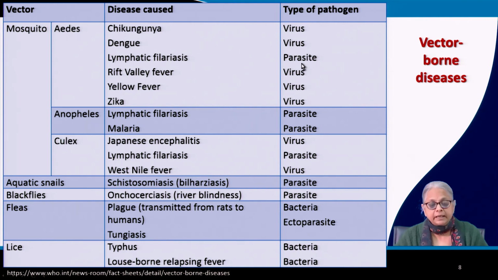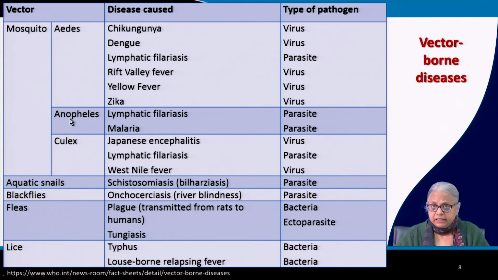They are all parasites, and with the Aedes species of mosquitoes, the diseases that are caused are chikungunya and dengue, which are viral diseases. You have lymphatic filariasis, which is a parasite. Then you have Rift Valley fever, yellow fever, and Zika fever, all of them viral fevers.